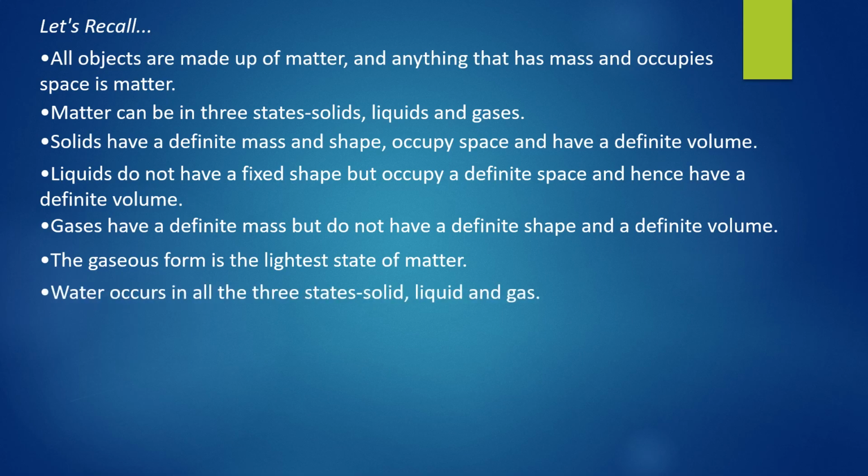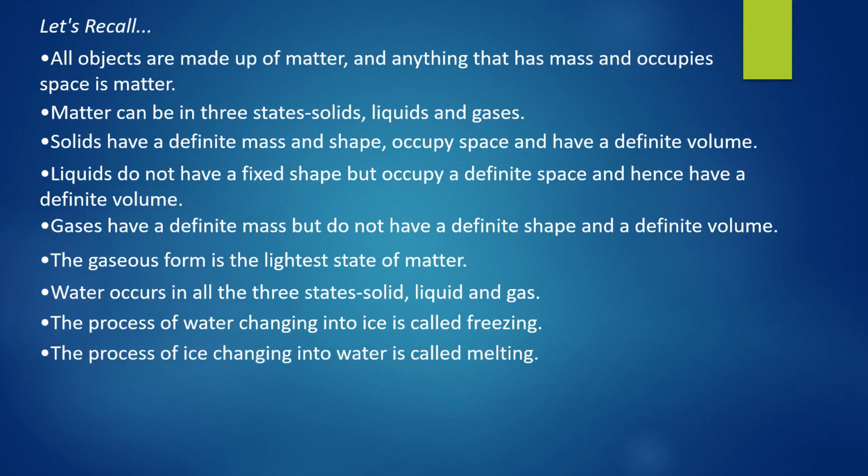Water occurs in all three states: solid, liquid and gas. Ice is solid, water is liquid, and water vapor is gas. The process of water changing into ice is called freezing. When you keep some water inside a refrigerator and it becomes ice, this process is called freezing.